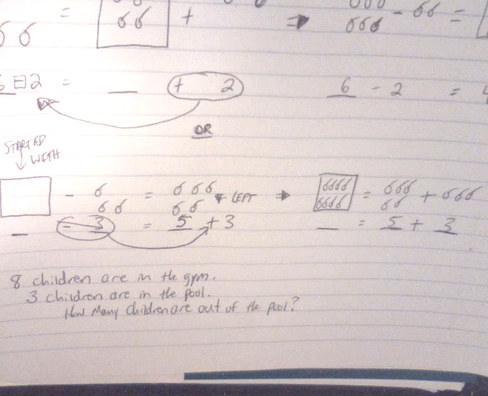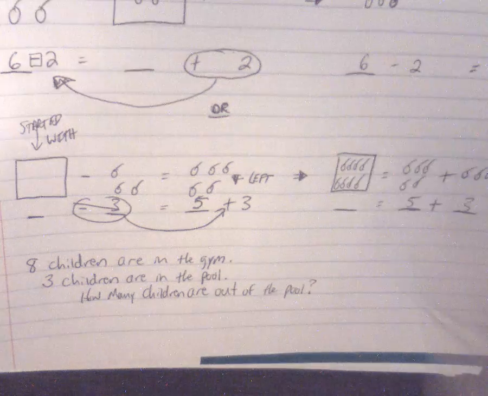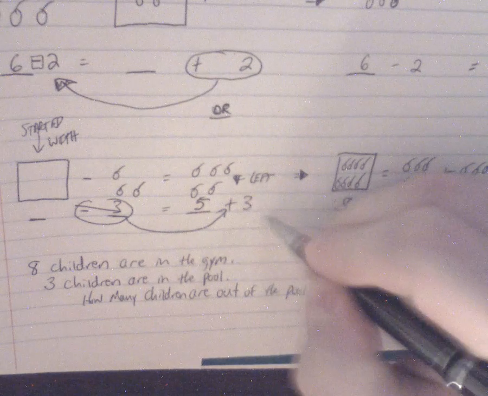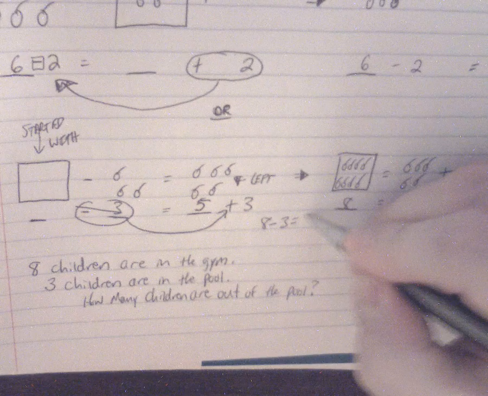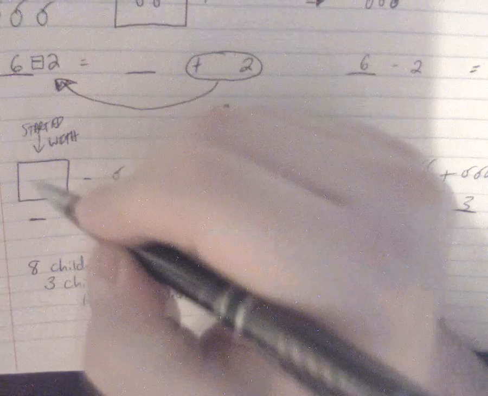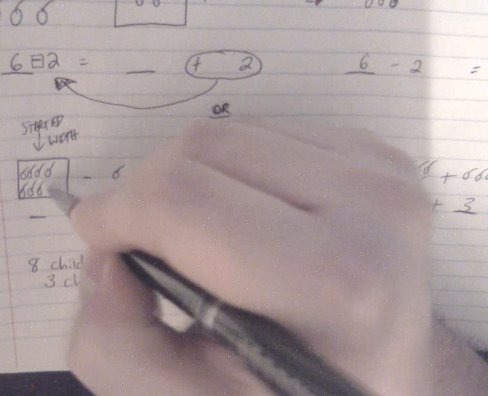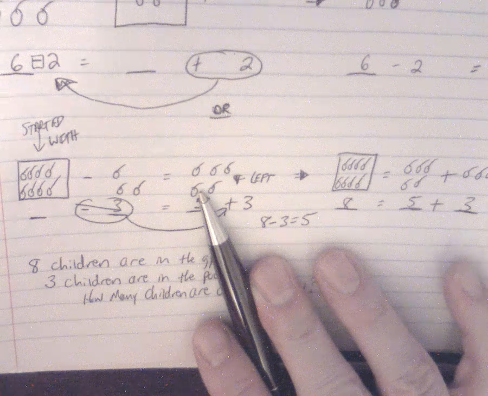Now, here's the thing. If I fill this out and I go right here and I go back and I go 8 minus 3 equals 5. So if I put 8 apples in here minus 3, what do I get?